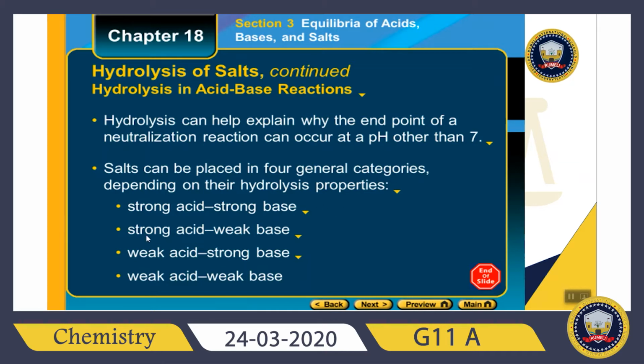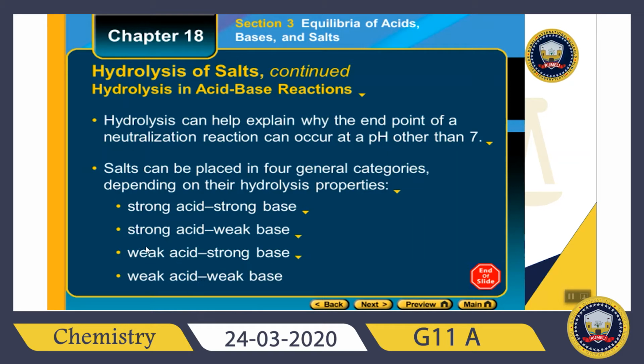If the salt comes from weak acid and weak base, the same as the first case. There is no change in the pH and the solution is neutral. That means there is no hydrolysis of the salt inside the solution.